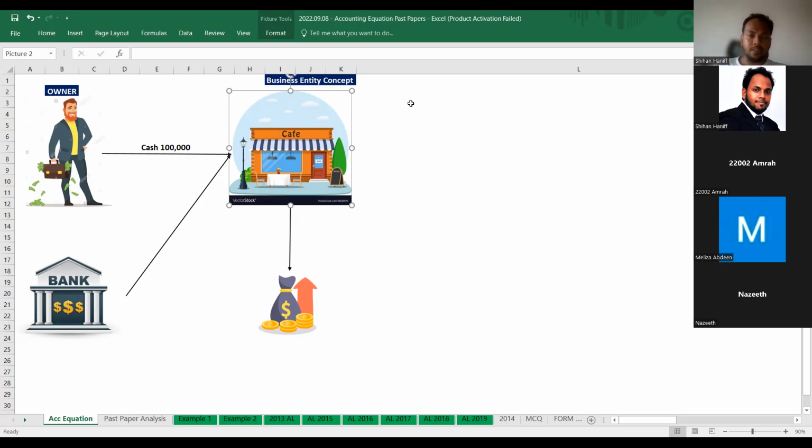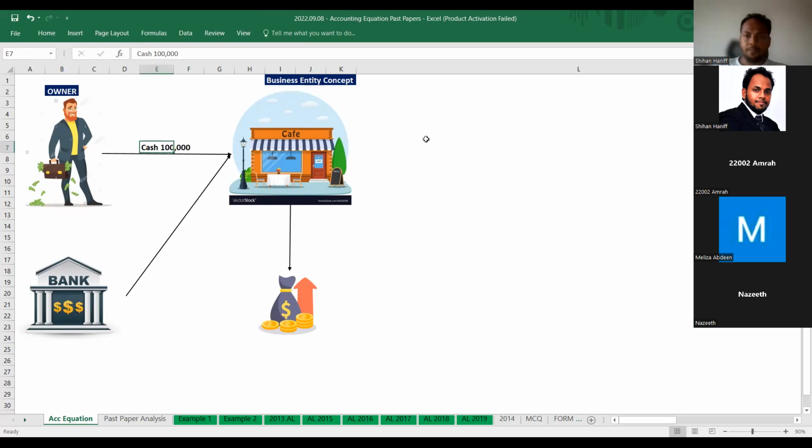So what is a transaction? A transaction is an exchange between two parties with a monetary value.